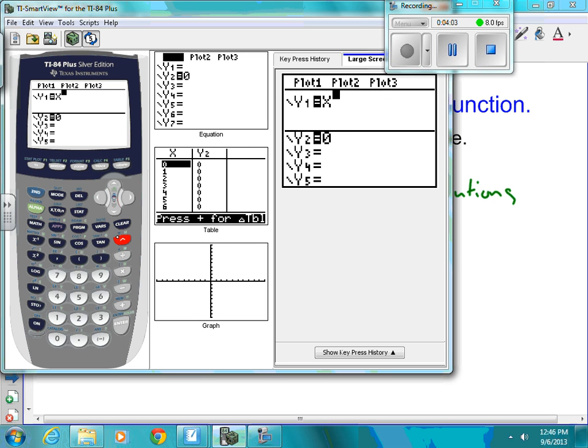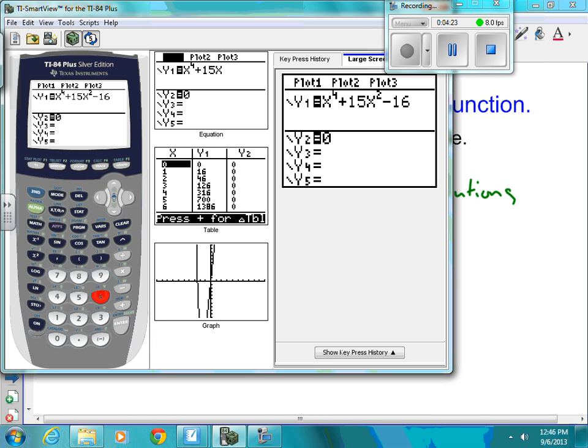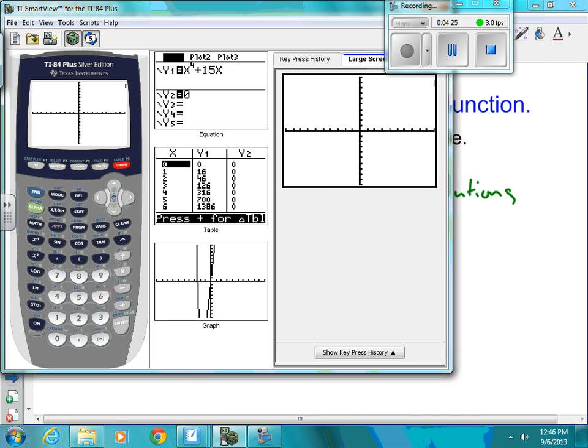X to the 4th plus 15x squared minus 16. And let's graph it. See what we get here. So it looks like we have some zeros that are popping up.